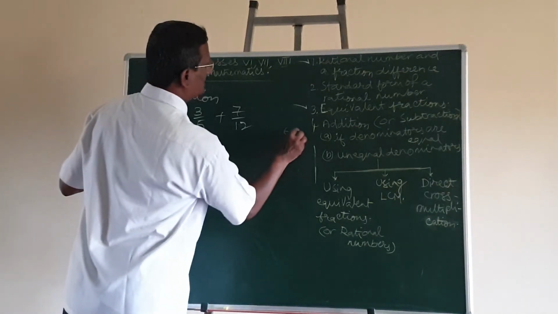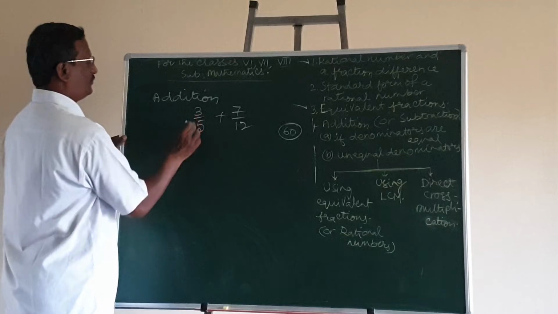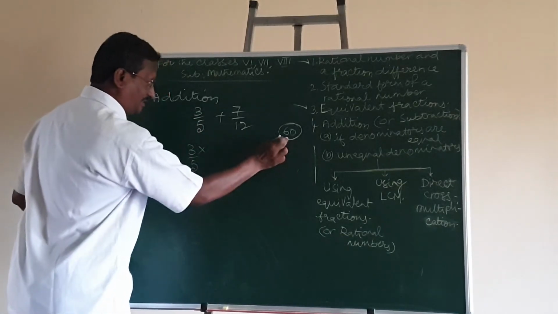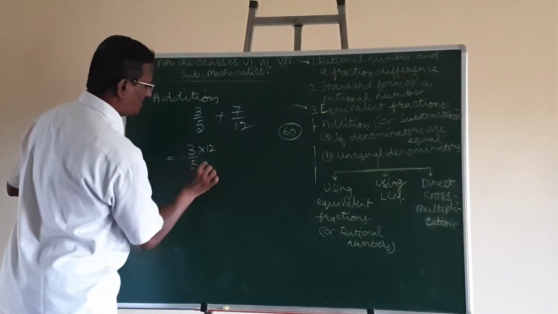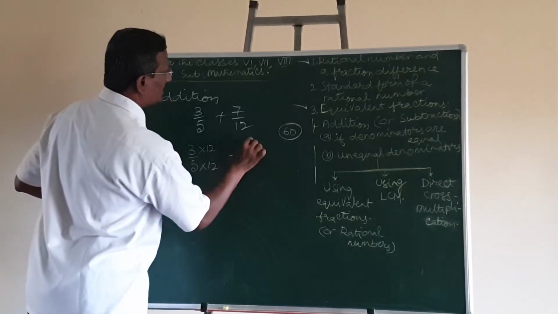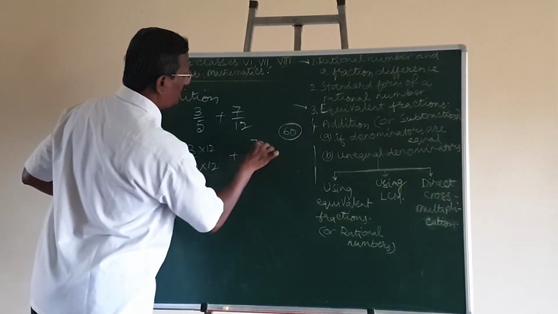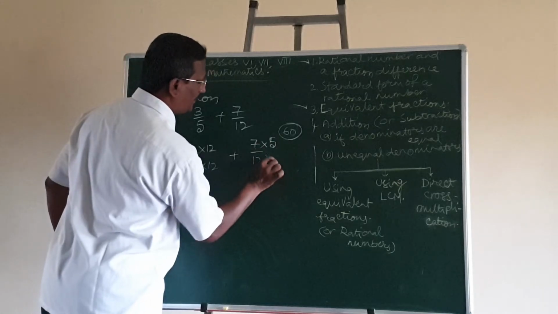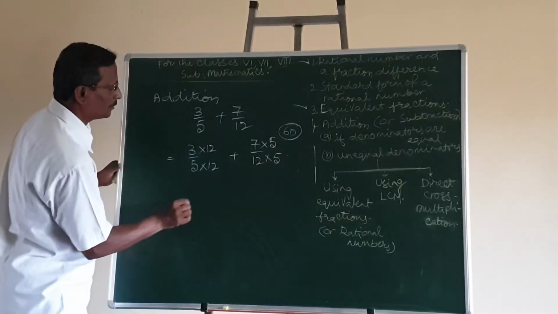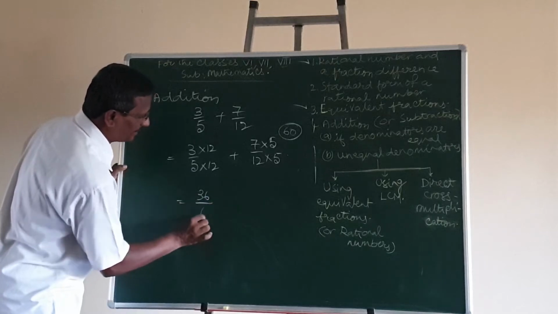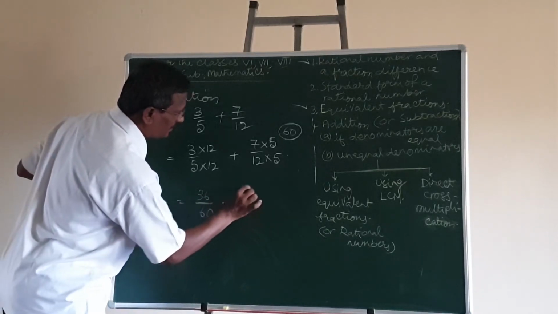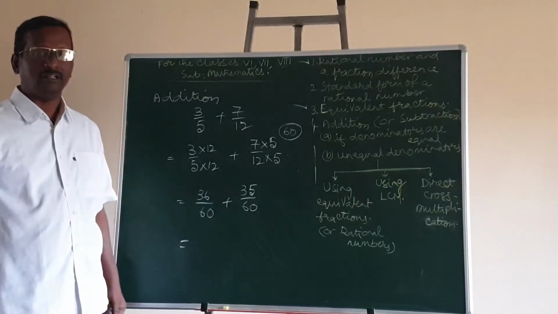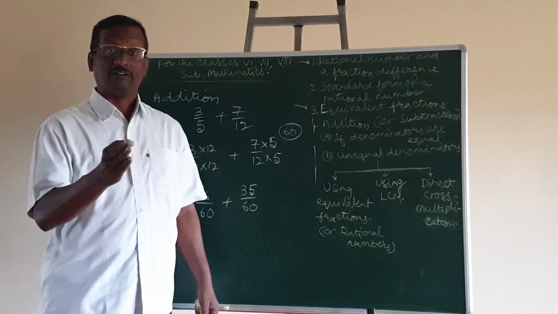To get 60 in the denominator, the first fraction 3 upon 5 is to be multiplied by 12. The second fraction, 7 upon 12, is to be multiplied by 5 to get denominator 60. Now this is 36 upon 60 plus 35 upon 60. Now we have successfully made the two fractions with equal denominators.